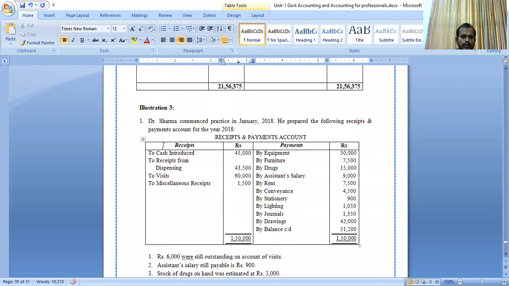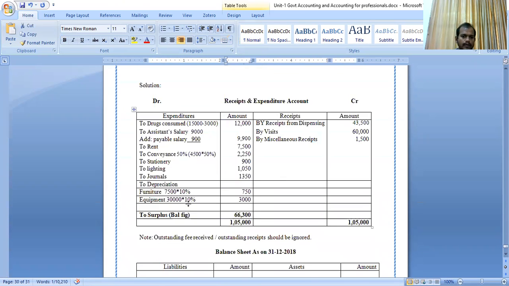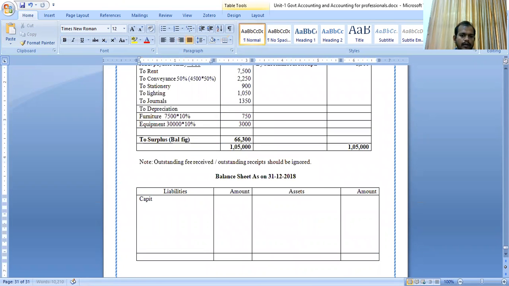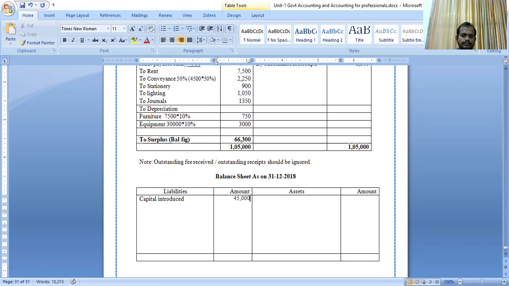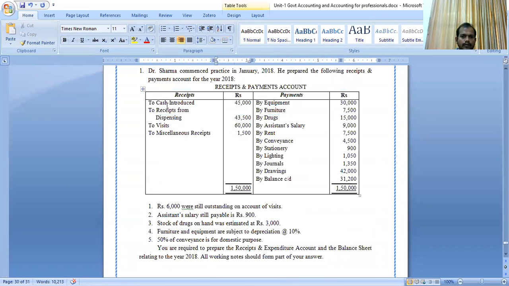As I told you, the cash introduced, we have to consider it as capital. So 45,000 capital introduced. So we consider all these three transactions on the receipt side of the receipts and expenditure account. Equipment, furniture, these are the assets.